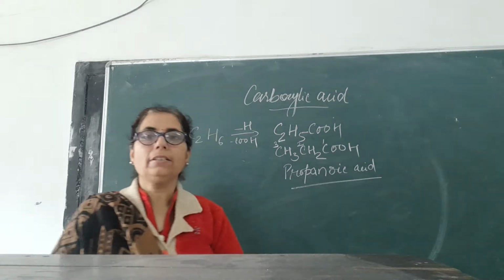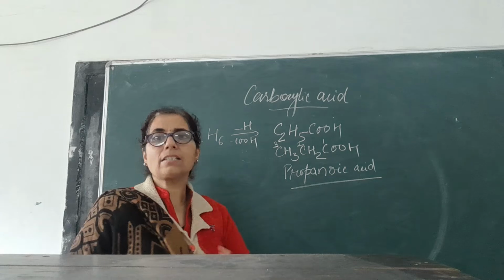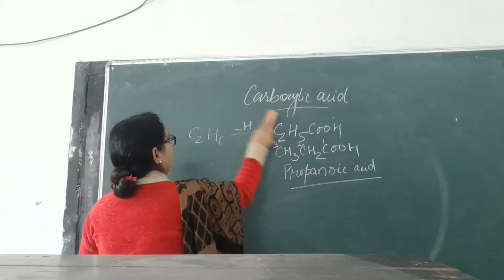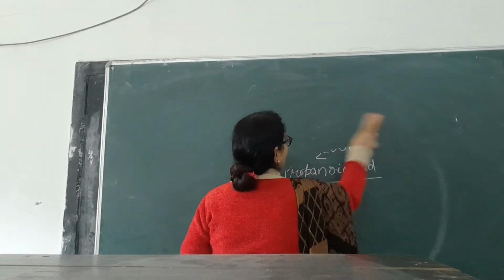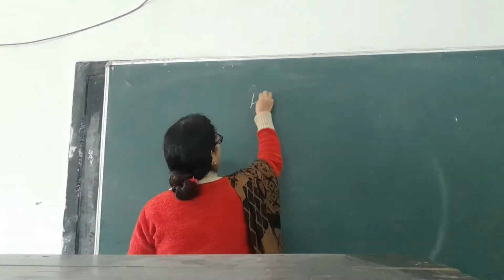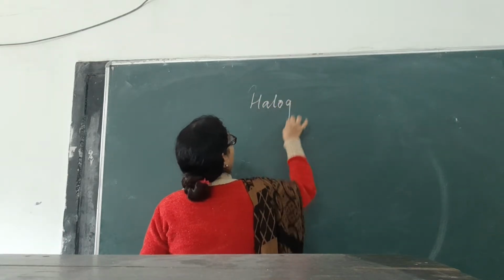Now one more is there that you will see. The last functional group that you have to study is the halogens, and here I will tell you about halogen also in the same video, as it is taking too much time for completing the course.